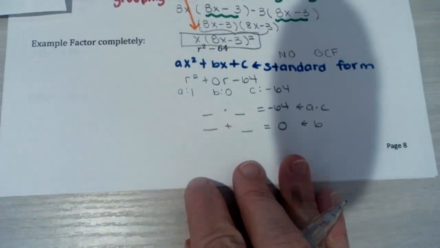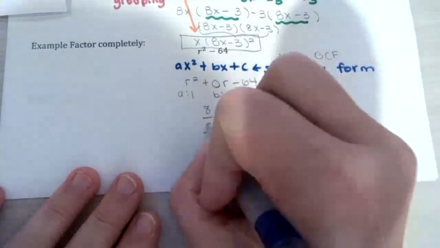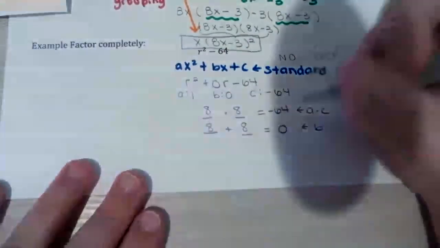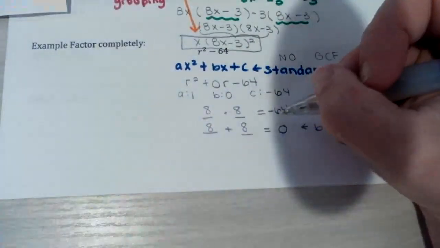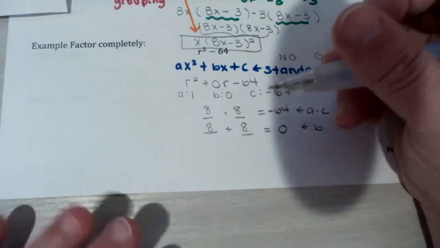So 8 and 8 would multiply together to give me 64, and I could subtract them to get 0. Let's look at our signs. In order to multiply together to be negative 64, one has to be positive, one has to be negative.